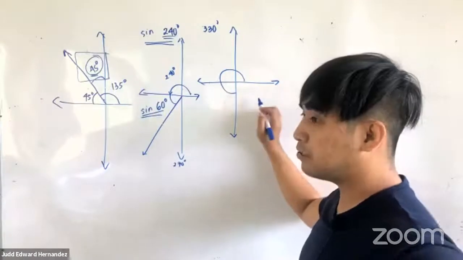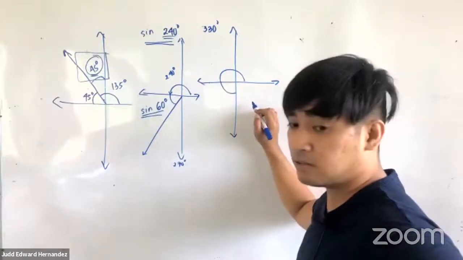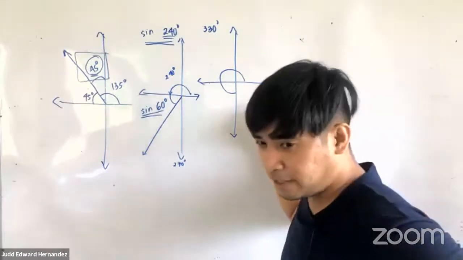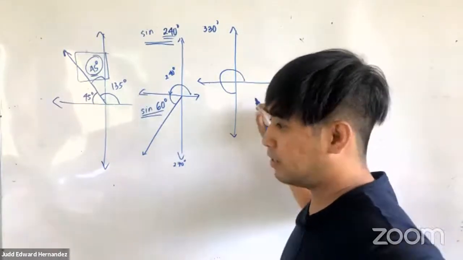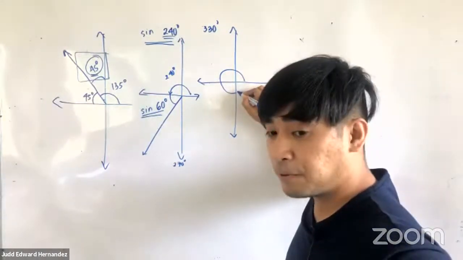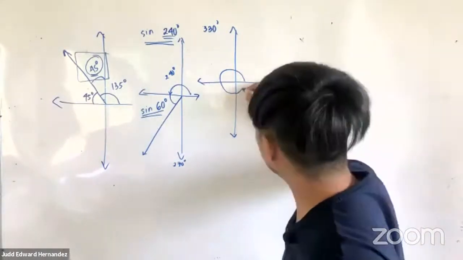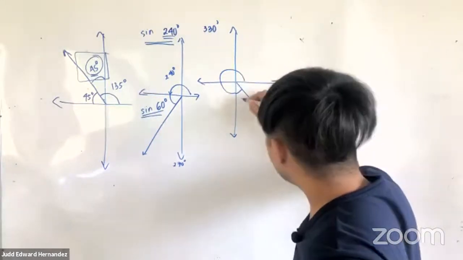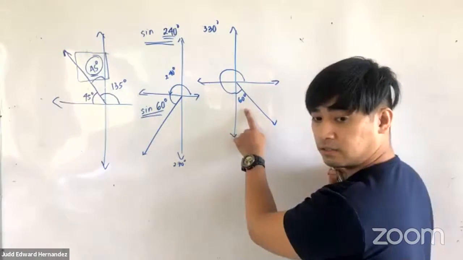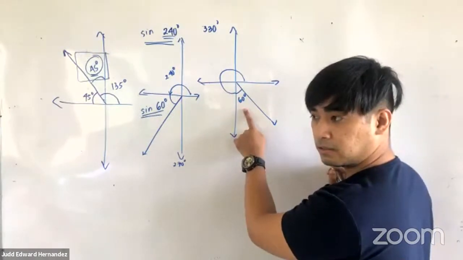Ilan po yung kailangan ni 270 para maging 330? 60. It should be 60. Tama po ba? 60. Okay, angat tayong 60 ngayon. This is now 60 degrees. Tama po ba na 60 degrees to? Opo.